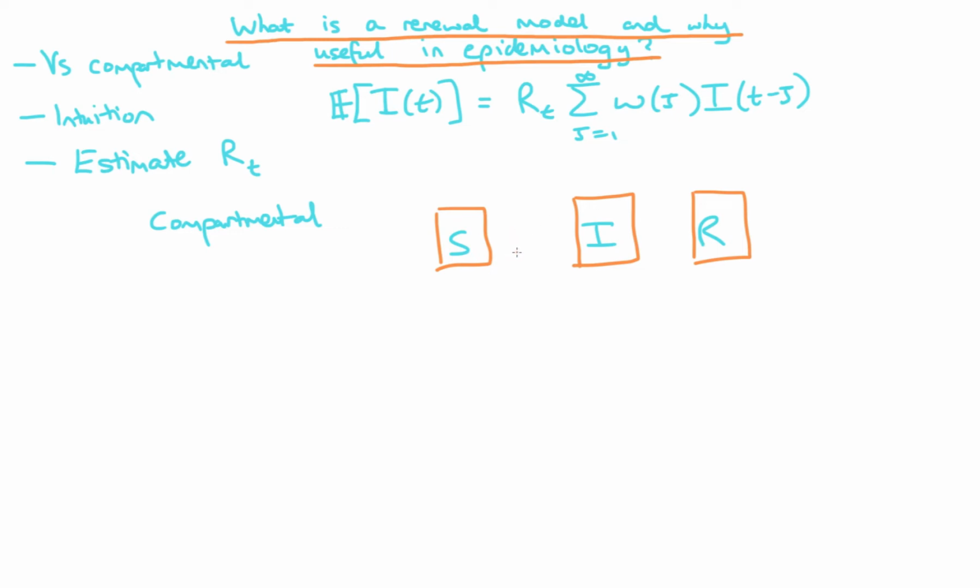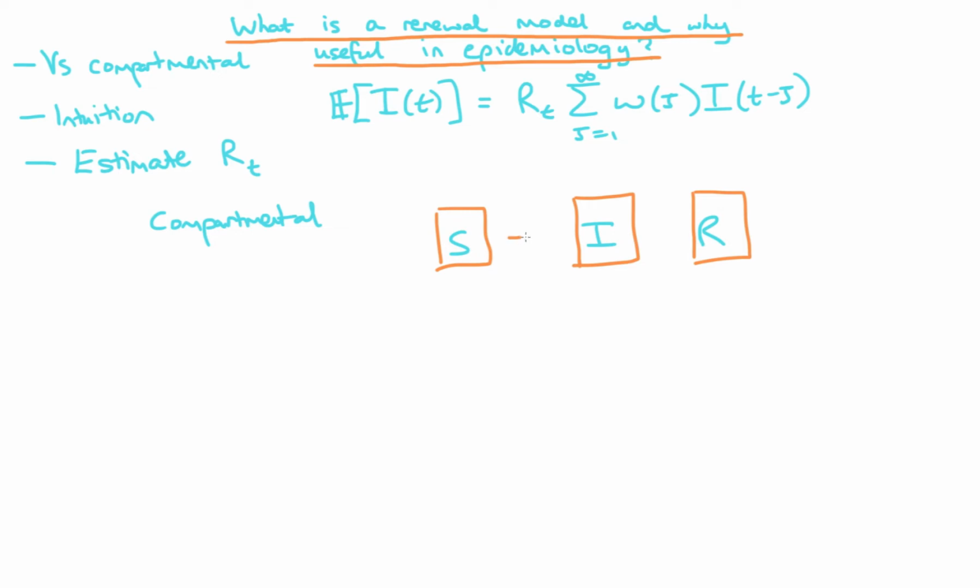By putting individuals into three compartments, implicitly we are assuming that there are no other factors that affect the transmission of disease within this population. For example, we've not accounted for things like age or geographical differences. Here we're just assuming that whether an individual is susceptible, infectious or recovered are the only things that matter.